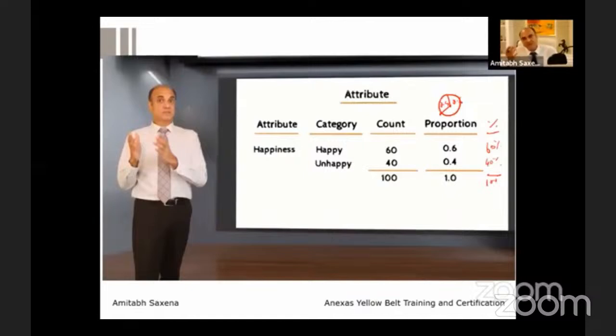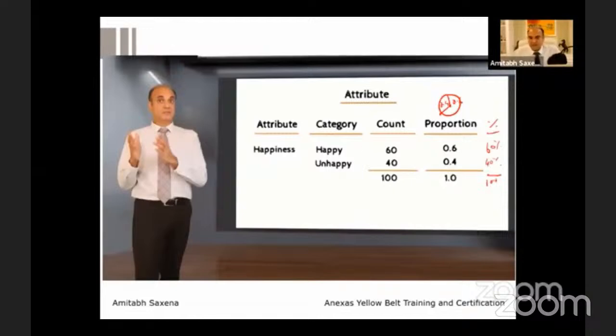When we're talking about continuous data, 73.1 meters is 73.1 meters. It's a measure. But here, 60% means 60 belongs to happy, and 40 belongs to something else, isn't it? I hope you understand. So categorical data will always be expressed as proportion or percentage.